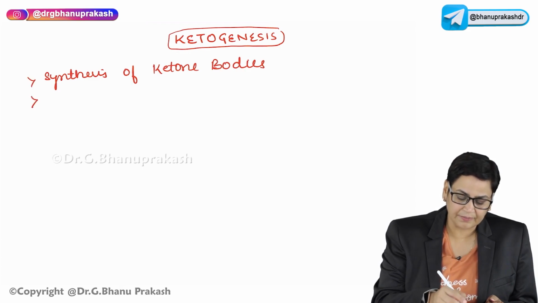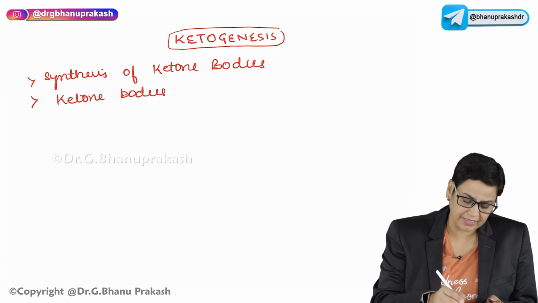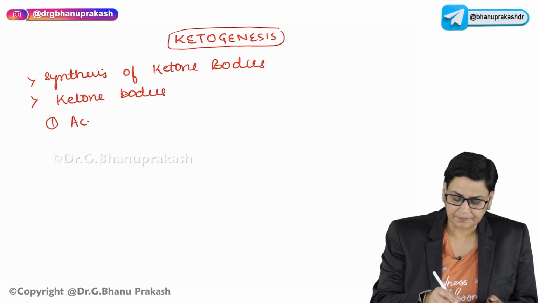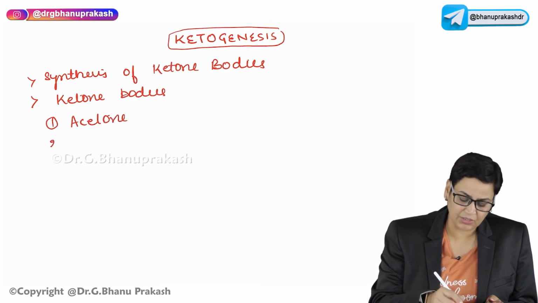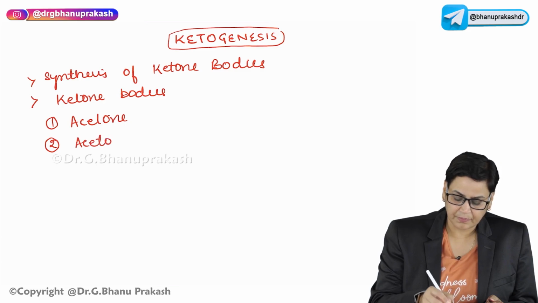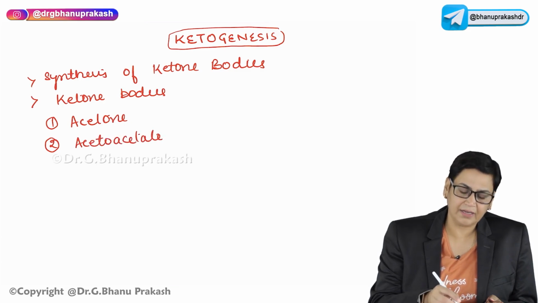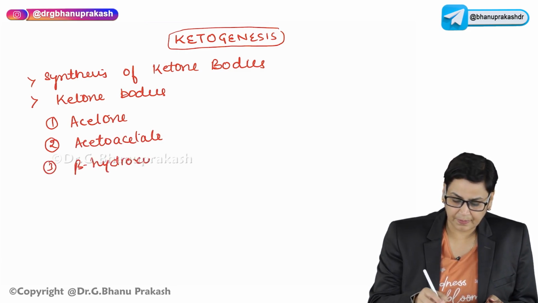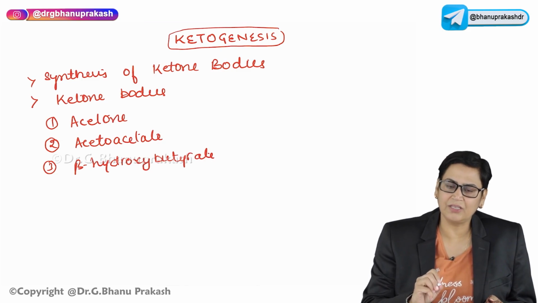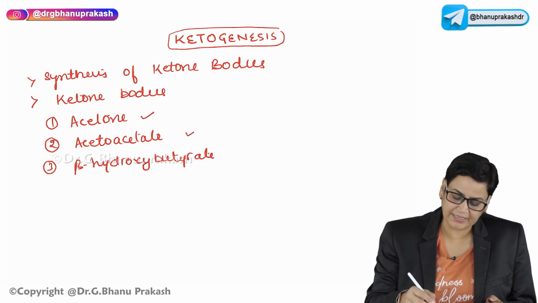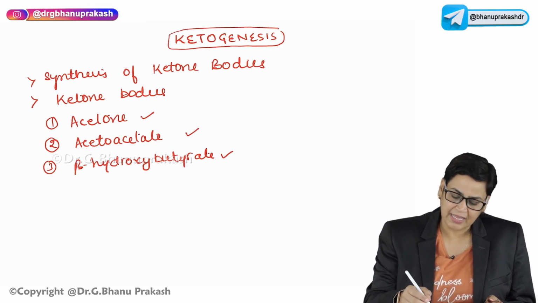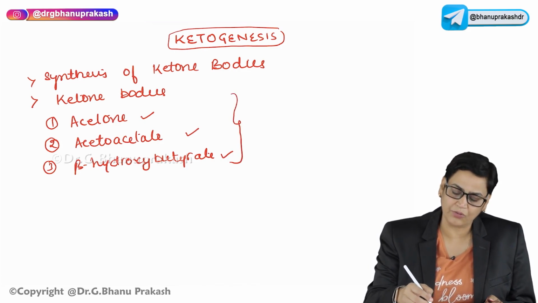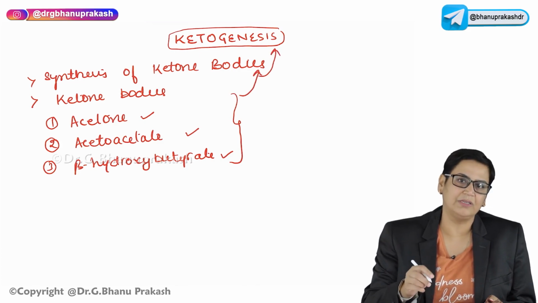Ketone bodies are one, acetone, second, acetoacetate, and third, Beta-Hydroxybutyrate. So there are basically three ketone bodies: acetone, acetoacetate and Beta-Hydroxybutyrate. And the process of synthesis of these ketone bodies is ketogenesis.